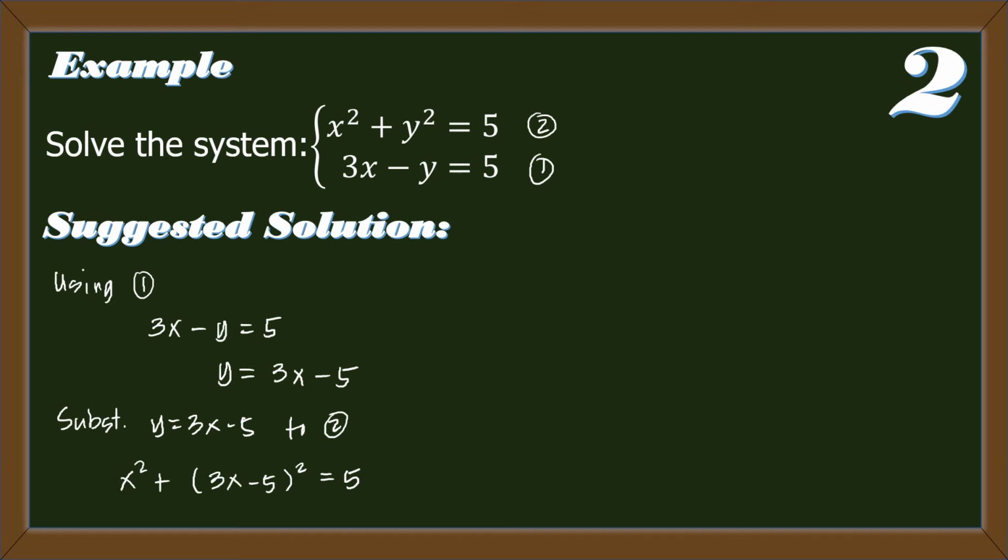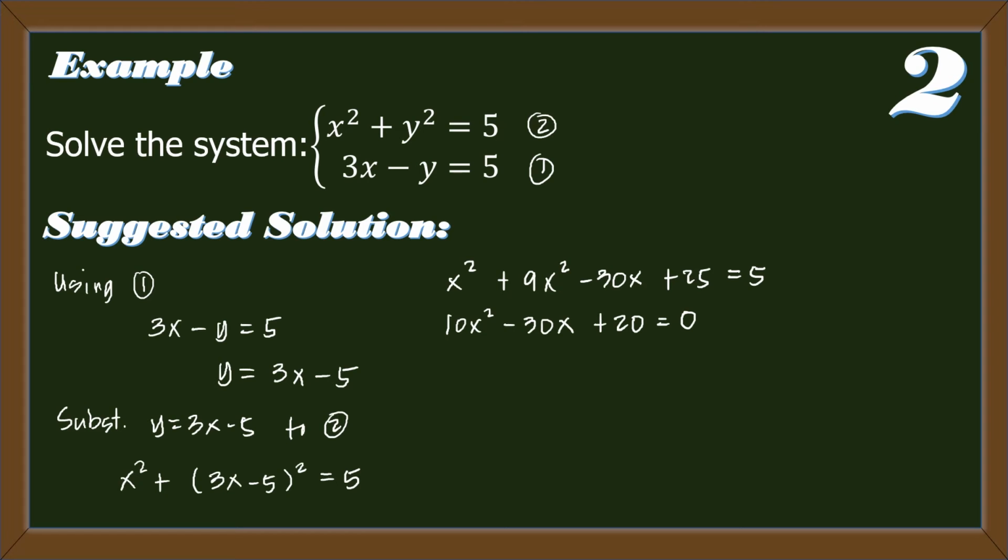Squaring the binomial 3x minus 5, we have x squared plus 9x squared minus 30x plus 25 equals 5. Combining similar terms, we have 10x squared minus 30x, and subtracting 5 from both sides of this equation, we have plus 20 equals 0.